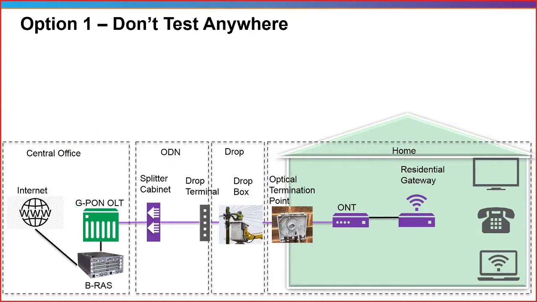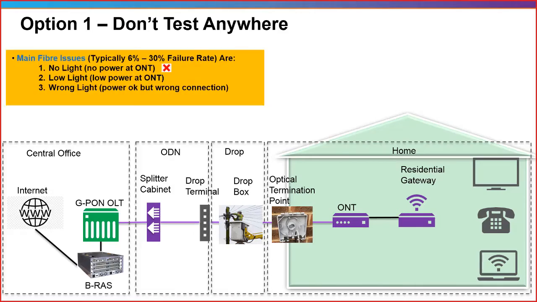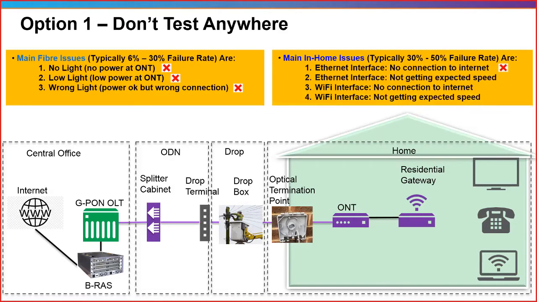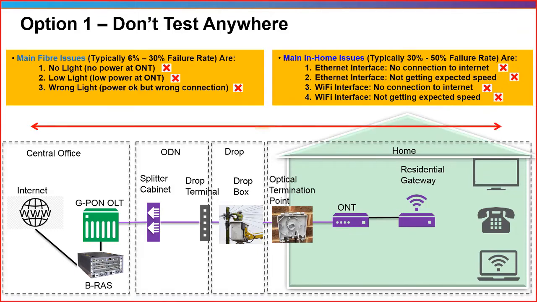So some of the options as you go through and turn up and do these service activations to your customers. Option one is, what if you don't test anywhere? What kind of issues and challenges is the technician running into? So looking at the fiber itself, you could have high failure rates just alone due to no light, low light, or wrong light.